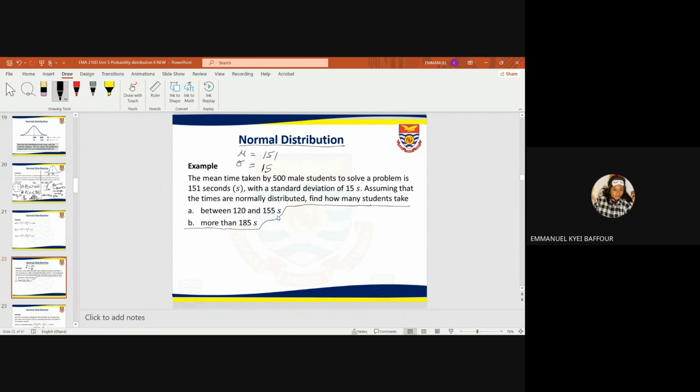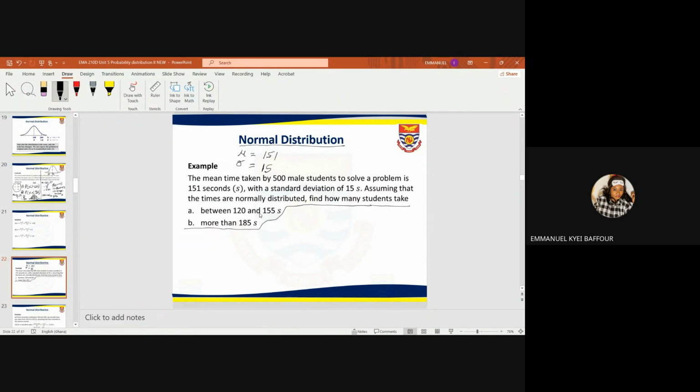Now, the first thing after getting this is to convert these scores to a standardized score.